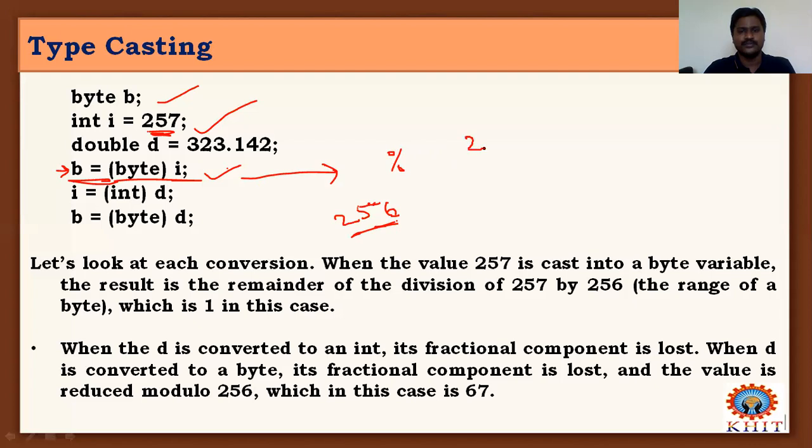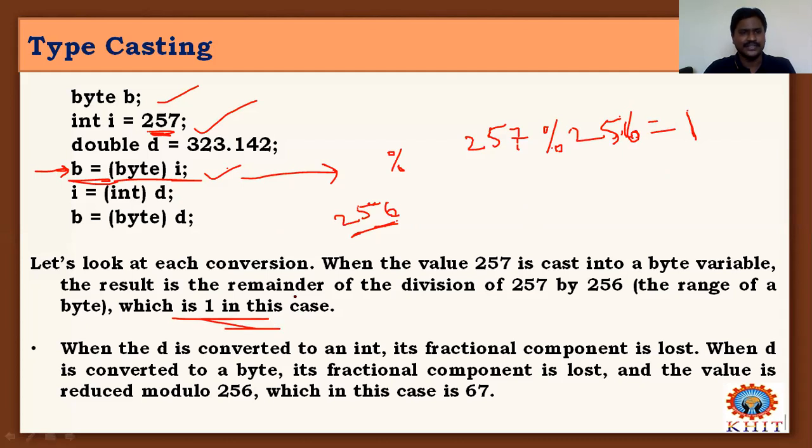So we perform 257, an integer value, modulus 256. What value do we get as the remainder? 1. So when you display the byte value b, it gives the value 1 on the screen.